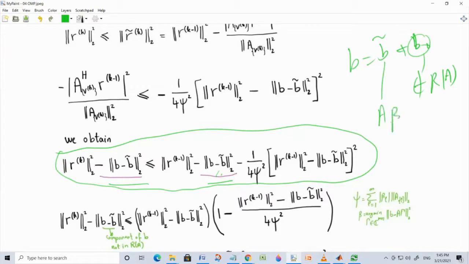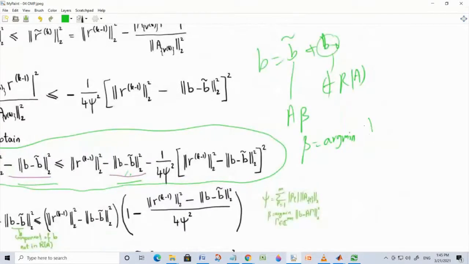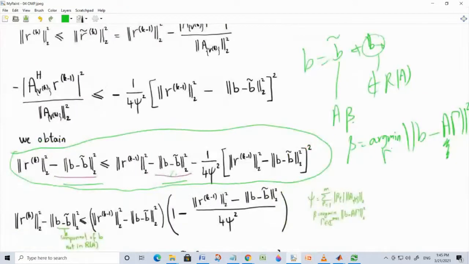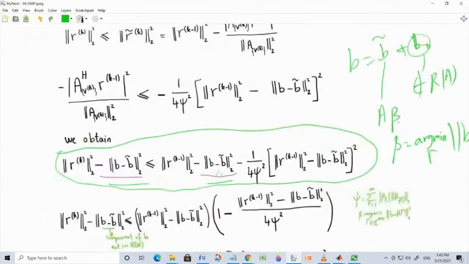So b tilde is A beta, and beta is the argmin over gamma of the norm of b minus A gamma. Beta is the minimizer of this quantity, and here we are minimizing using all columns of A. Once you get the optimal gamma and plug it in, you will get a number.